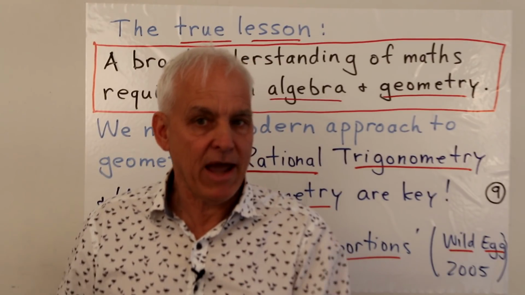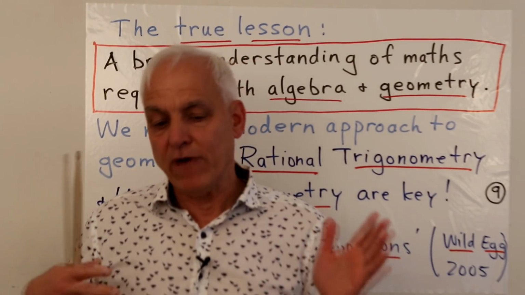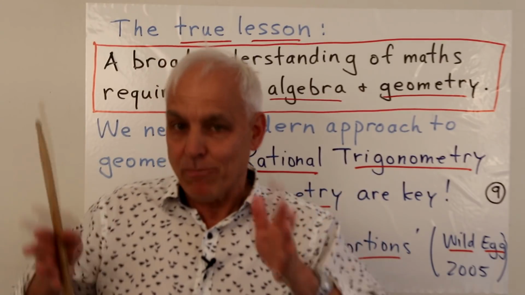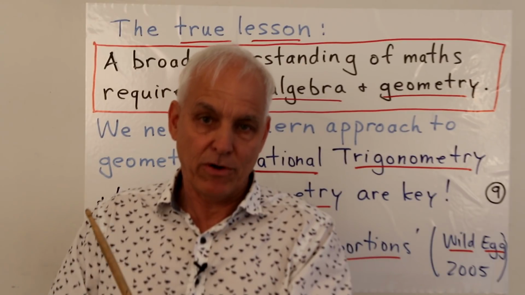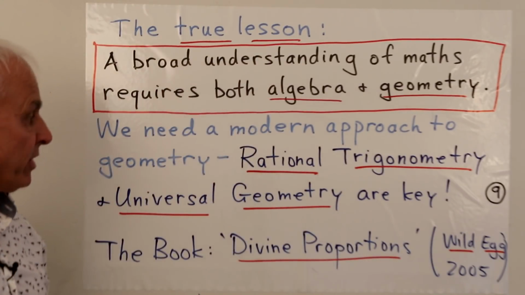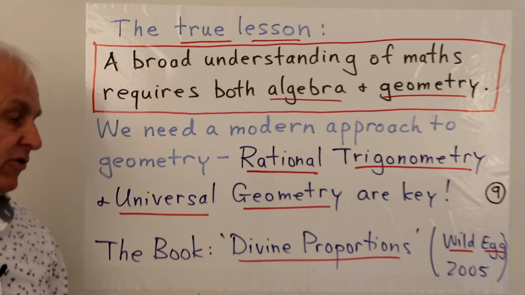I realize this is a big ask, okay? But it's really important for educators and researchers to start appreciating that there are a lot better options to what we're currently doing. And a good starting point, rational trigonometry and universal geometry.